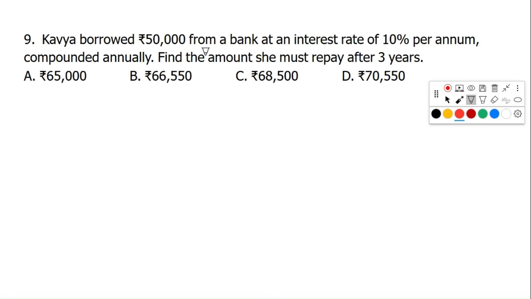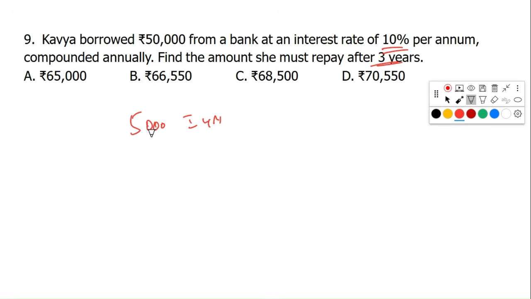Kavya borrowed 50,000 from the bank at an interest rate of 10% per annum compounded annually. Find the amount she must pay after 3 years. Interest on interest is compound interest. Say first it is 5,000 for the first year, right? 55,000 after the first year.